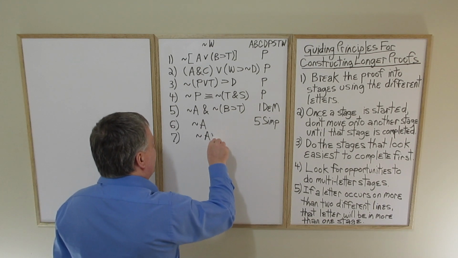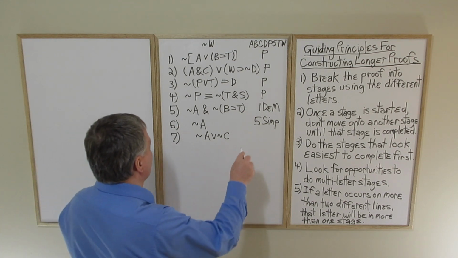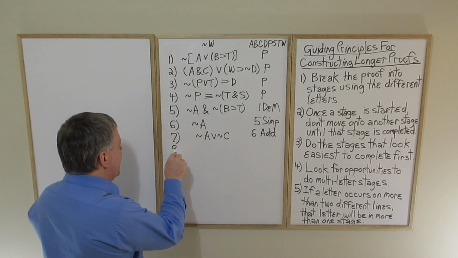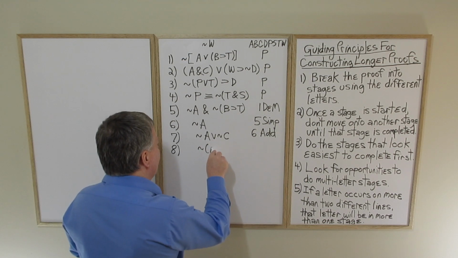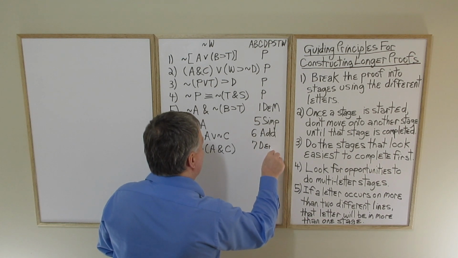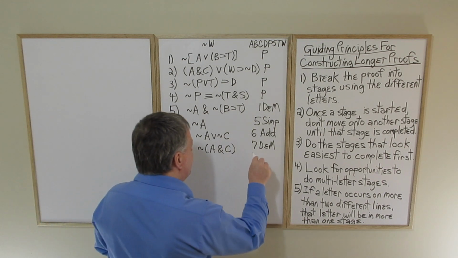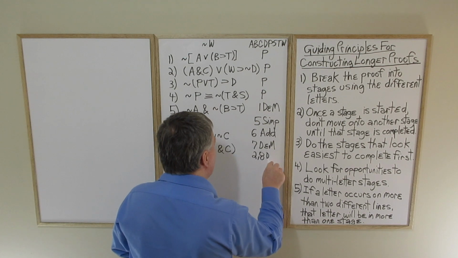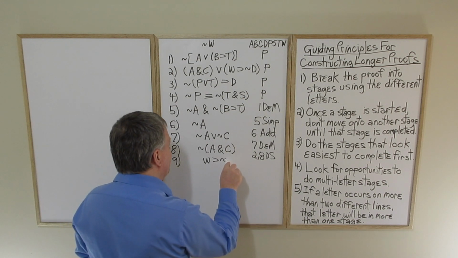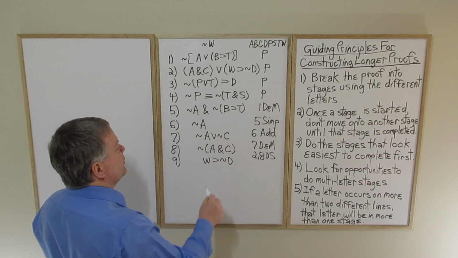We do this strategic addition as we did near the end of the last proof, 6 addition, but this time we do it to set up for a De Morgan's, which gives us tilde A and C, and that's going to enable us to do 2-8 disjunctive syllogism and get the other disjunct, which now doesn't require brackets around it, which is W horseshoe tilde D.